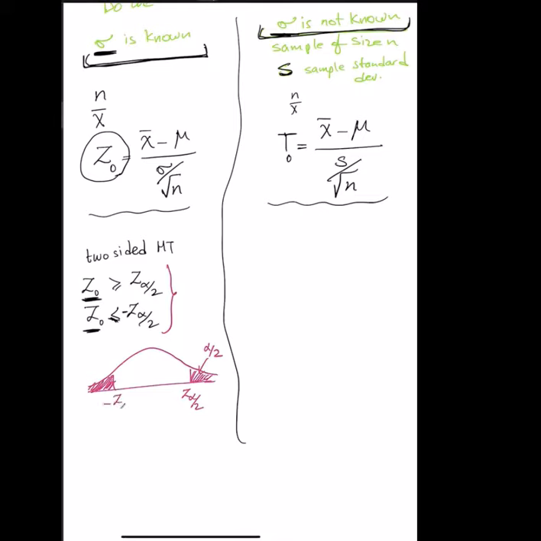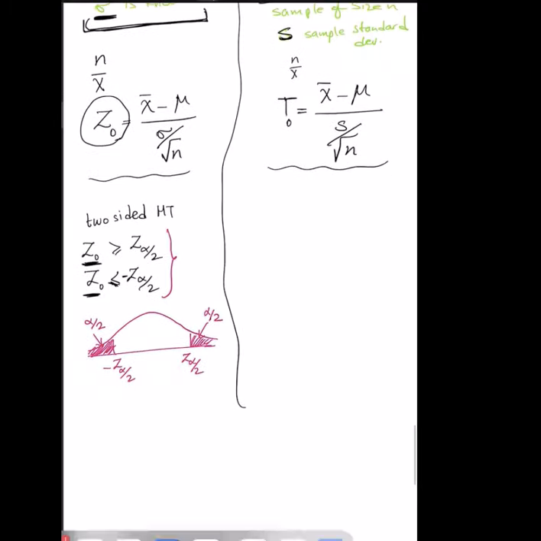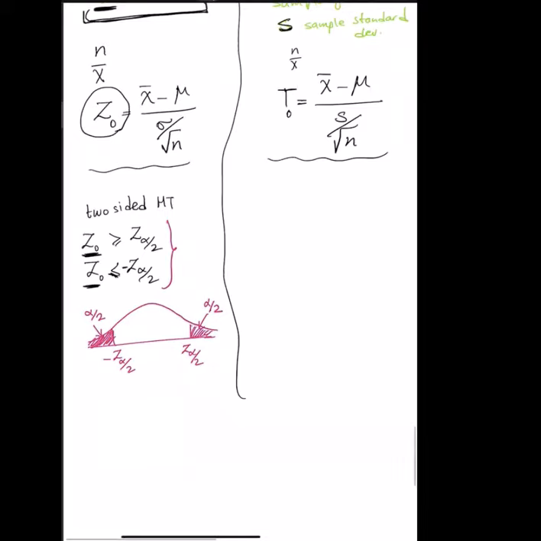If the test statistic falls within the range, then you'll fail to reject. Wait, reject. Exactly. The shaded area is the rejection area. This area is the fail to reject area.